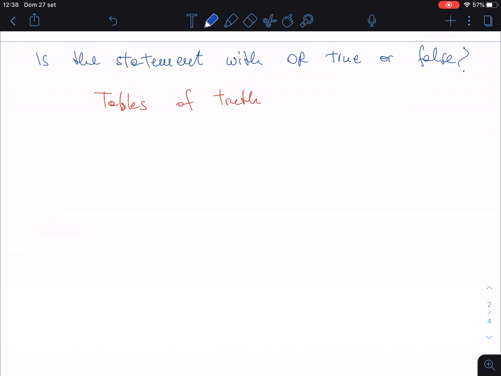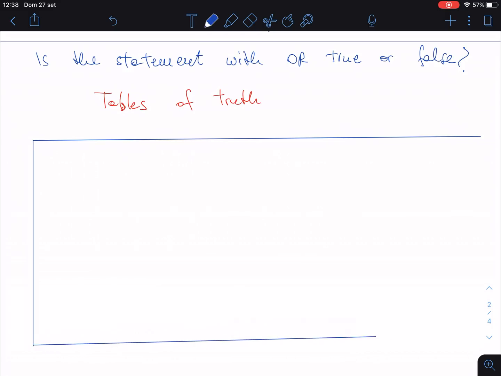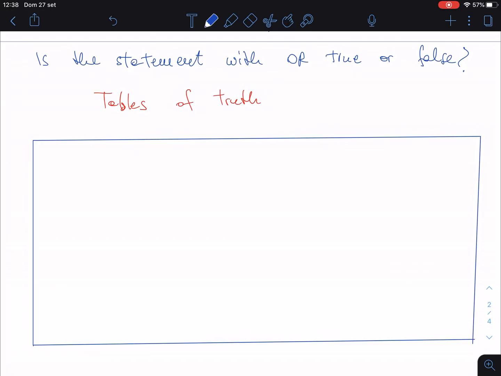So for the table of truth of and, or, it can be useful to draw a truth table. The table is constructed like that. So you have 4 columns.